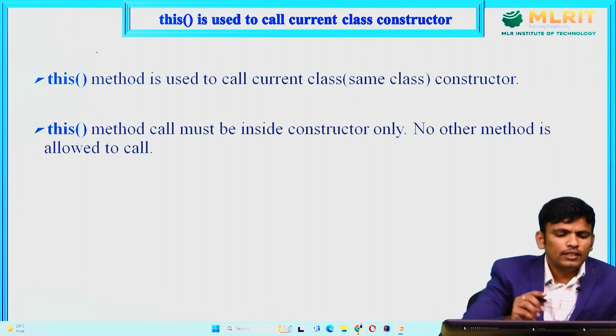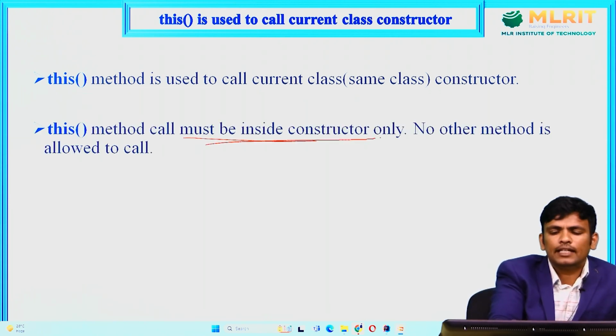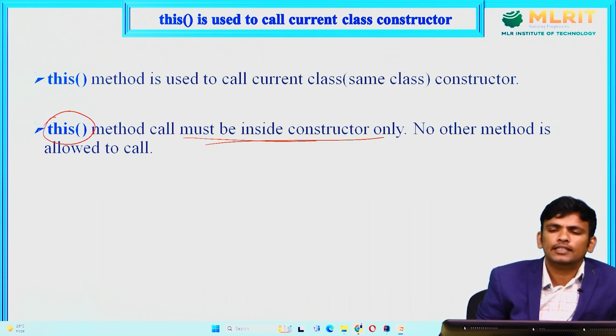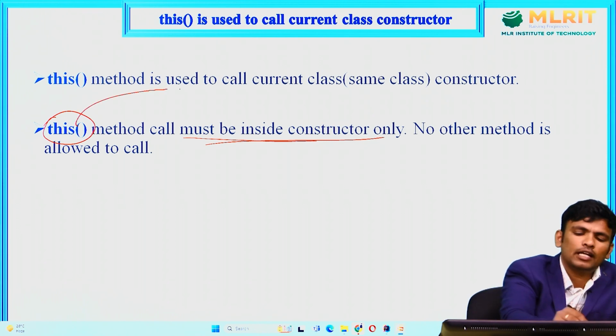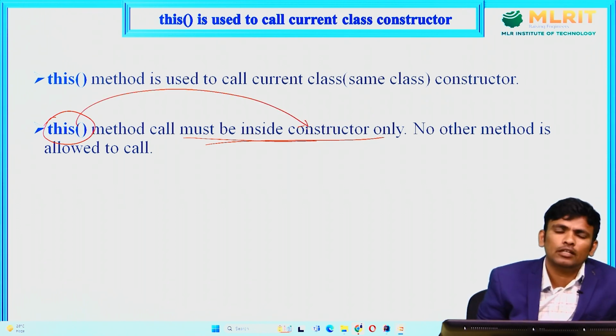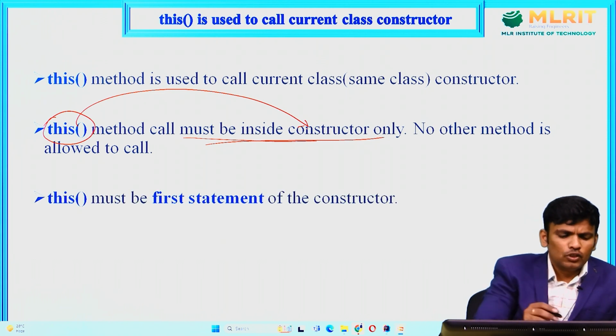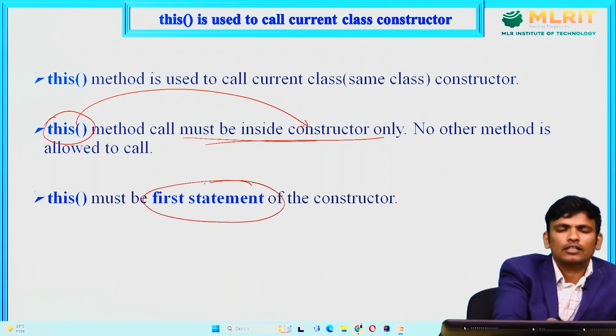This method call must be inside a constructor body only, just like the super method. In a normal method, the this method is not allowed. Next, this must be the first statement in the constructor body.